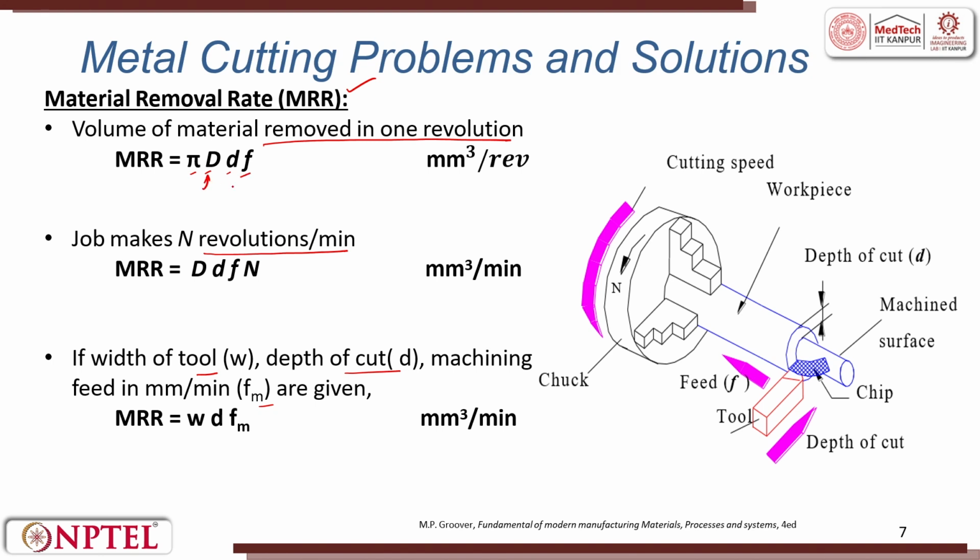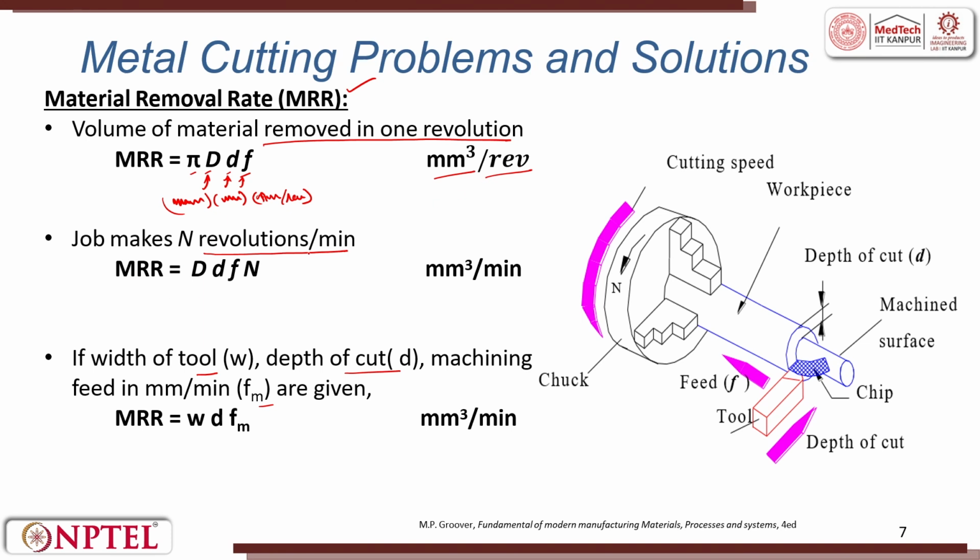This is the diameter of workpiece, this is depth of cut, and this is feed per revolution. So this becomes millimeter into millimeter into millimeter per revolution. So that becomes millimeter cube per revolution. That is volume removed per revolution.